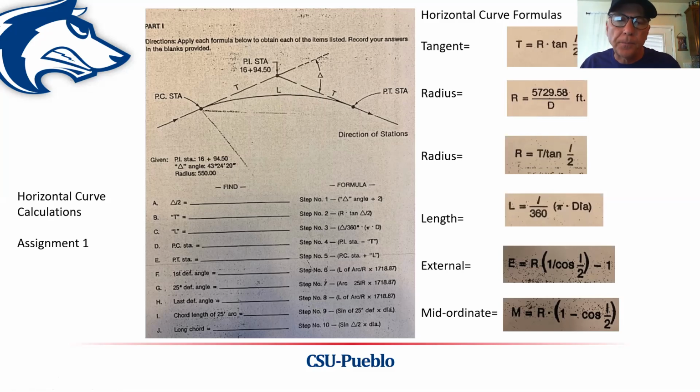And then the last one, item J, is the long chord, which is the overall distance from the PC station, where the instrument is setting, all the way to the PT station.